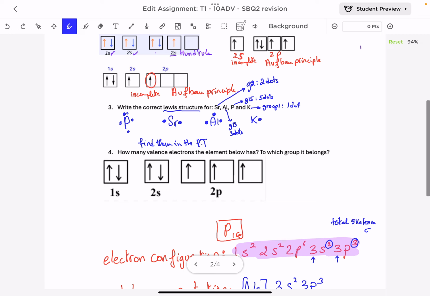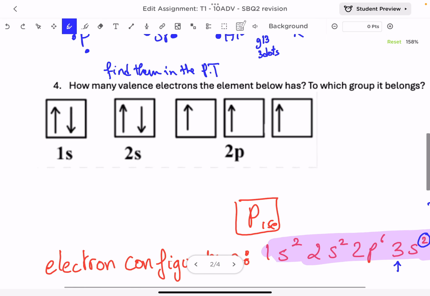Now, if an orbital diagram is ever given to you, how would you know which element it is, how many valence electrons it has, which group and block it belongs to, and whether it is a metal or a non-metal? You have a very simple way. Just count the electrons and find out which element it is. 1, 2, 3, 4, 5, 6, 7. 7 electrons.